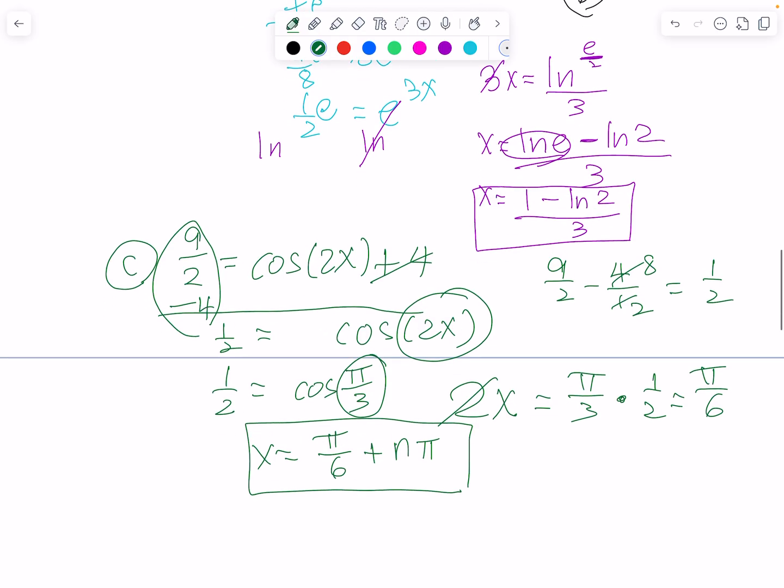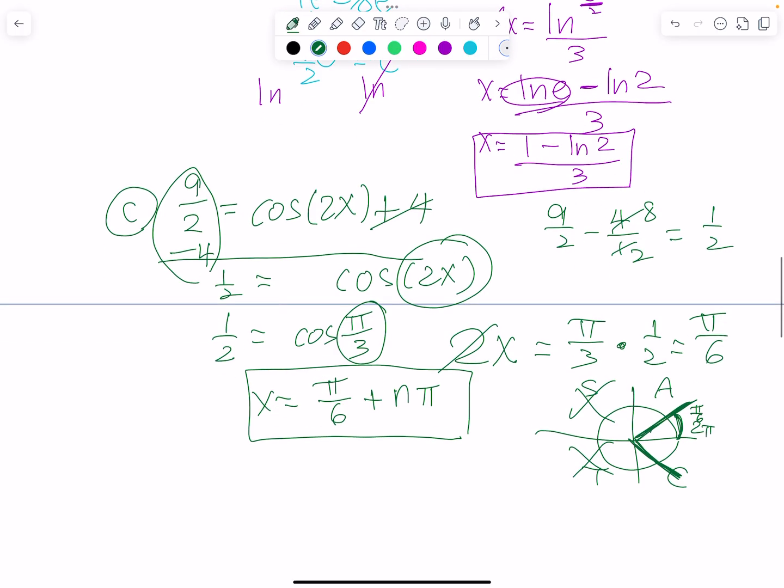Now, you also have to understand the unit circle, right? All students take calculus. So pi over 6 is here. That's where cosine is positive. But cosine is also positive here, not here or here. So we know that the whole unit circle is 2 pi. And remember, this right here was pi over 6. So if I just subtract pi over 6, I'm sorry, let me write this down.